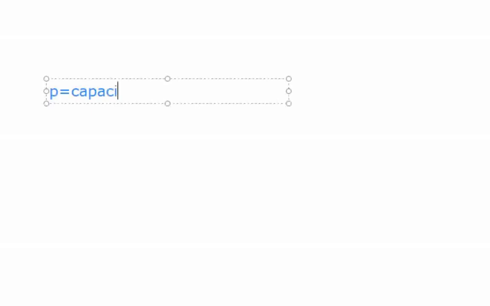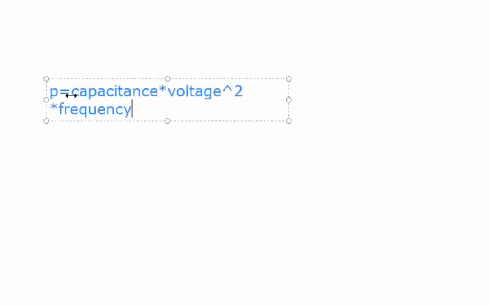See, P stands for power. Okay, we'll write power only. So the power consumed is given by capacitance multiplied by voltage square into frequency. Okay.